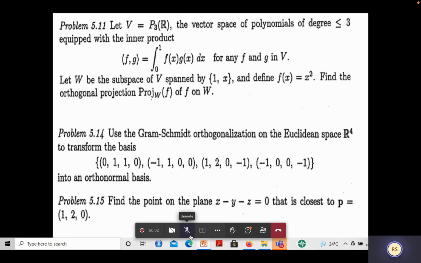The same inner product, as we already did. This won't take much time, 5 minutes maximum. Take down the question. First let me explain the question, then only you can understand.